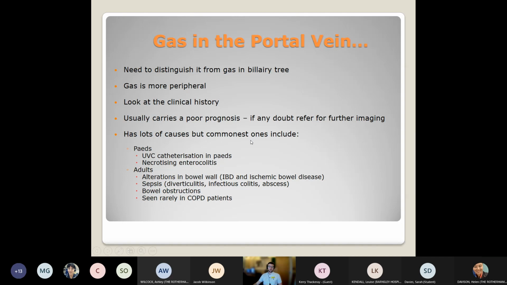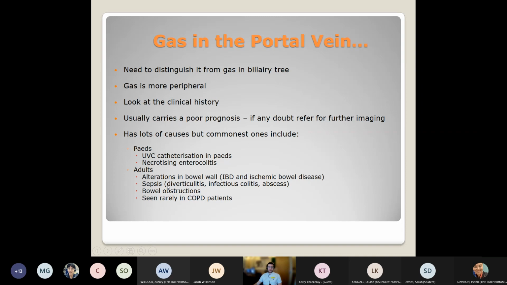Portal venous gas has lots of causes, mostly bad. Necrotizing enterocolitis is a common one in peds. It implies necrosis or tissue death in these conditions, which is why it carries such a poor prognosis.